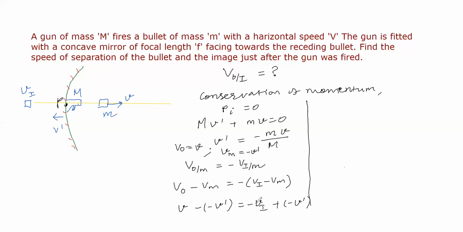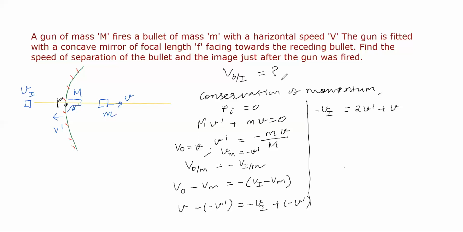Keeping the velocity of the image on the left side, taking minus v dash to the other side, minus minus becomes plus, so we get 2v dash plus v. This v is the velocity of the bullet and this v dash is the velocity of the mirror.